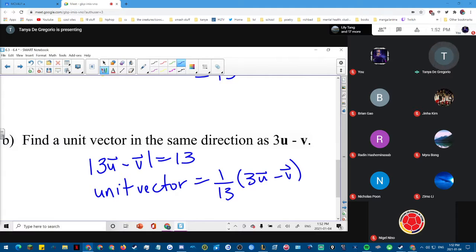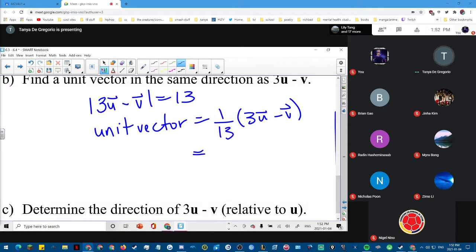And to simplify, we're going to do the distributive property. Okay. And there's your unit vector. Are there any questions?